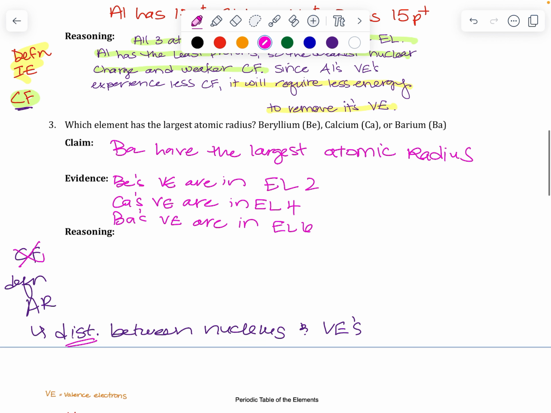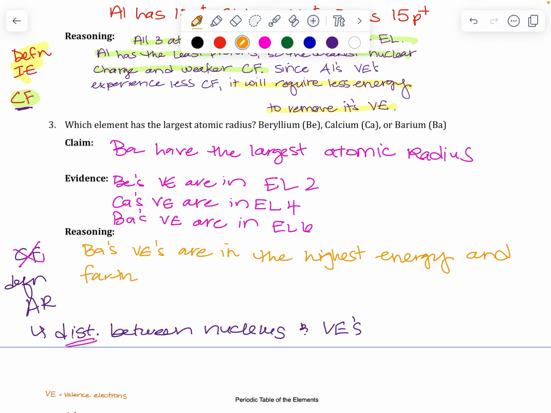So what is our reasoning? We can state that barium's valence electrons are in the highest energy level and farthest from the nucleus.